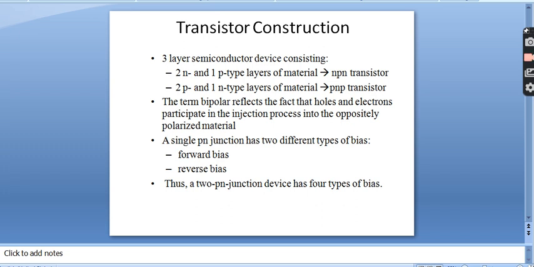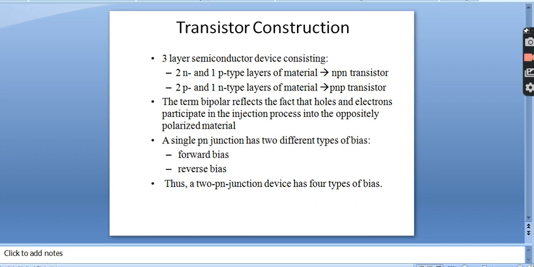Bipolar means there are two polarities, obtained through holes and electrons. Holes have positive charge and electrons have negative charge, and they participate in the injection process into the oppositely polarized material.